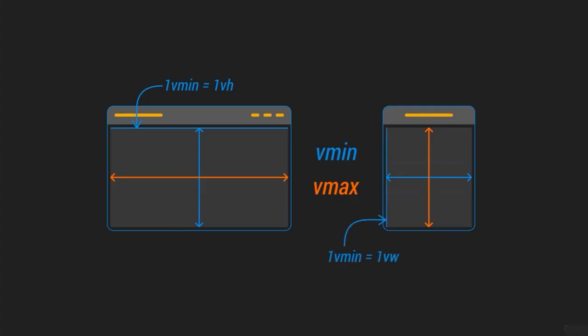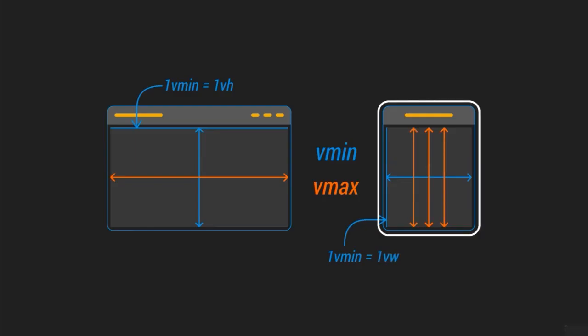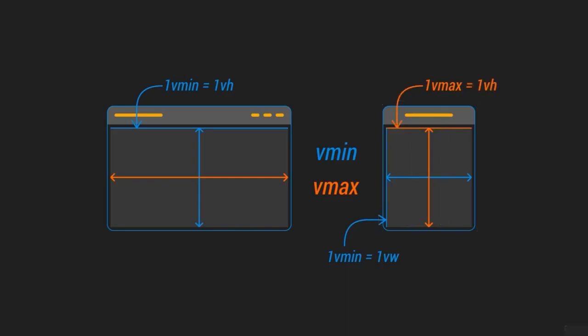In Vmax, if the viewport height is larger than the width, the value of 1 Vmax will be equal to 1% of viewport height. Similarly, if the viewport width is larger than the height, the value of 1 Vmax will be equal to 1% of the viewport width.